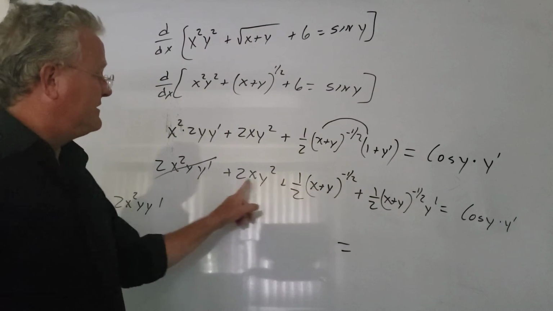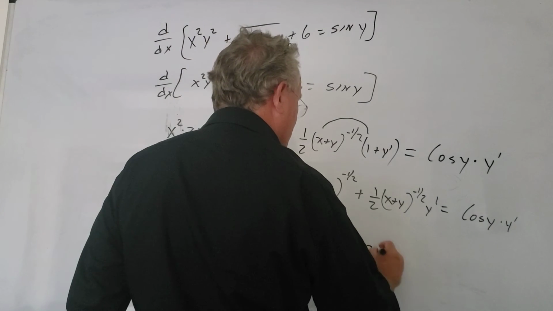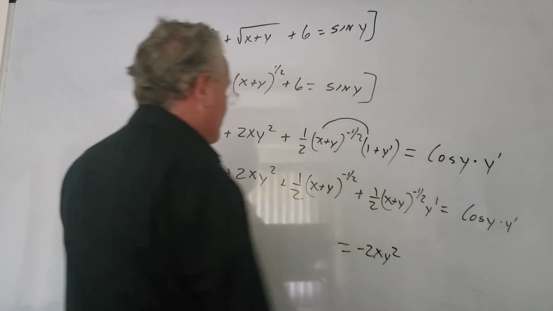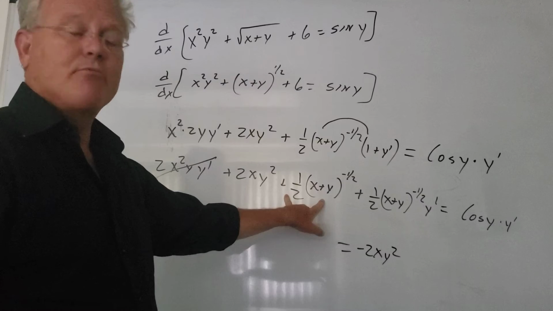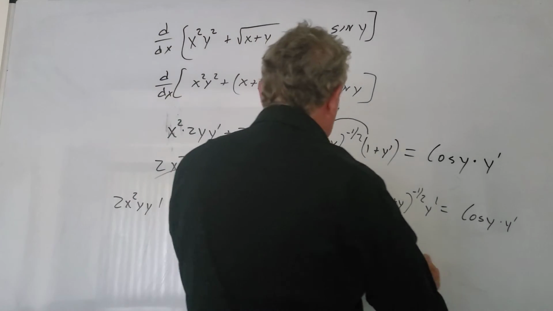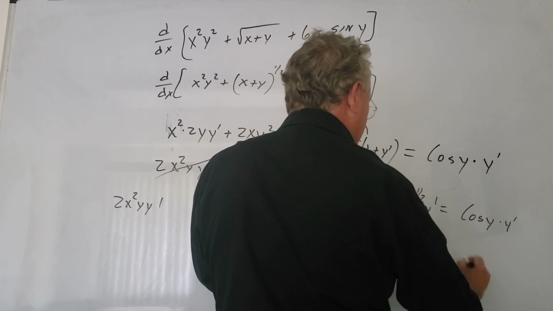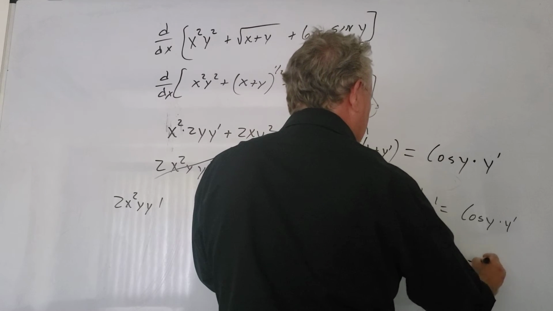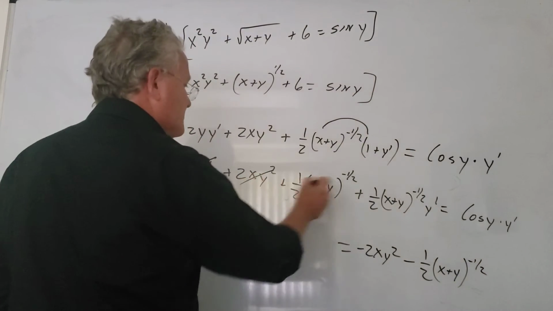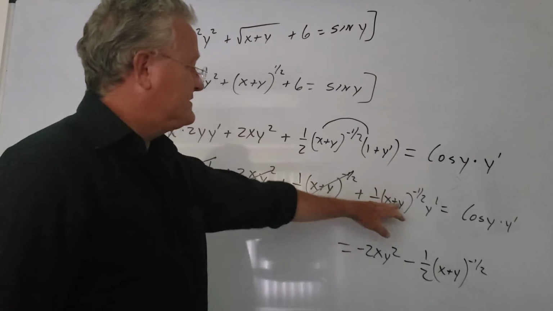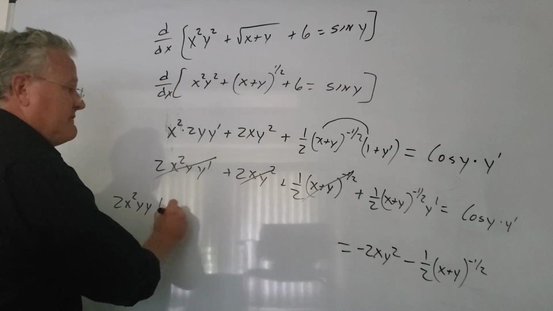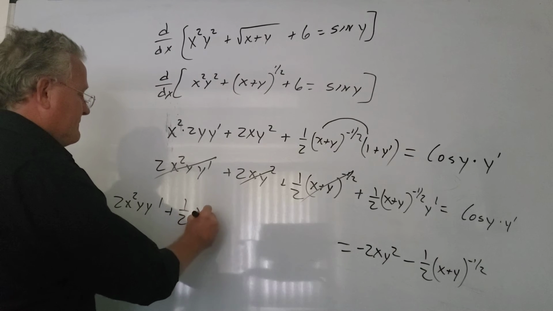This becomes negative 2xy squared when we move it over. This does not have a y prime in it, so that becomes negative 1/2 (x plus y) to the negative 1/2. Let me cross those out because they're taken care of. This has a y prime in it, so we leave it on the left side.